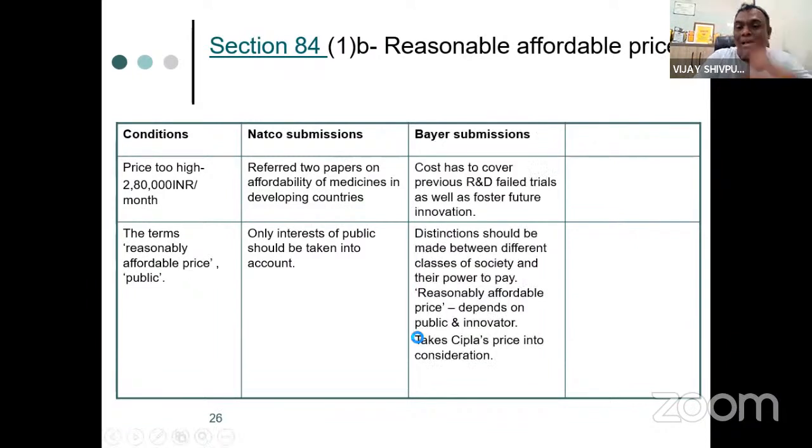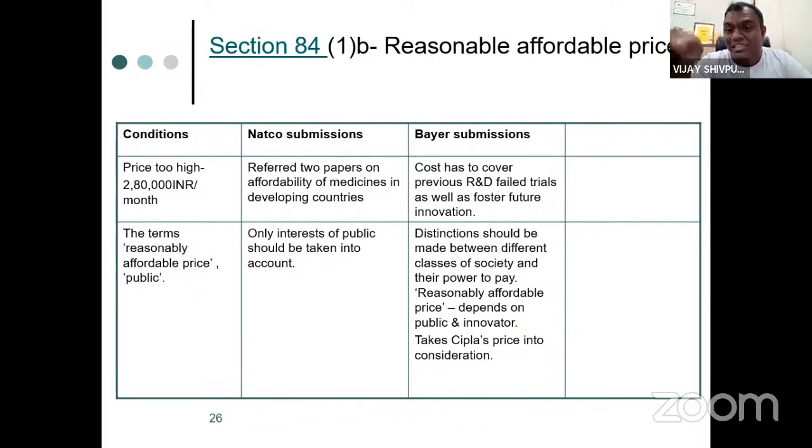What Bayer submitted. And as a pharma scientist, those of you from the pharma industry who have joined the session, we know that one drug comes after 10,000 failures. The cost has to cover previous R&D failed trials. That's the reason my price is so high.